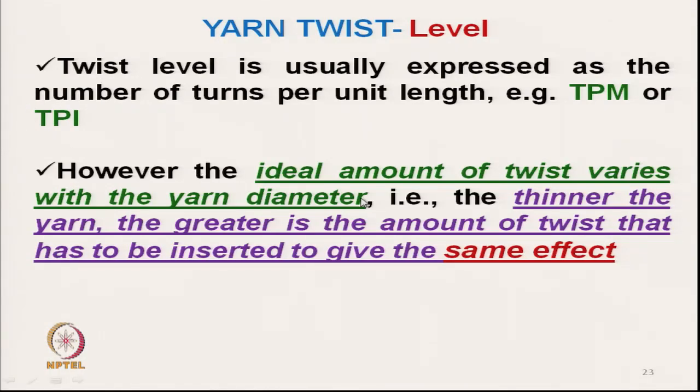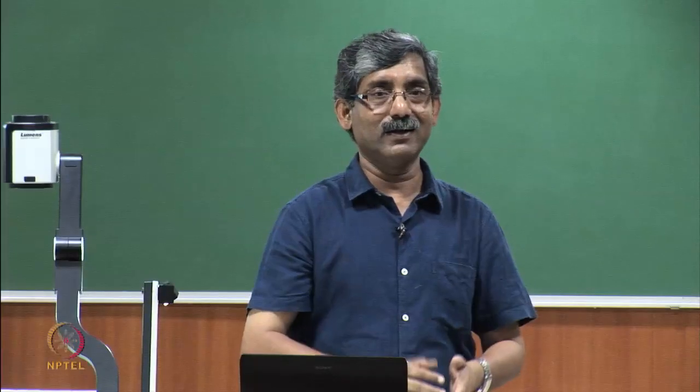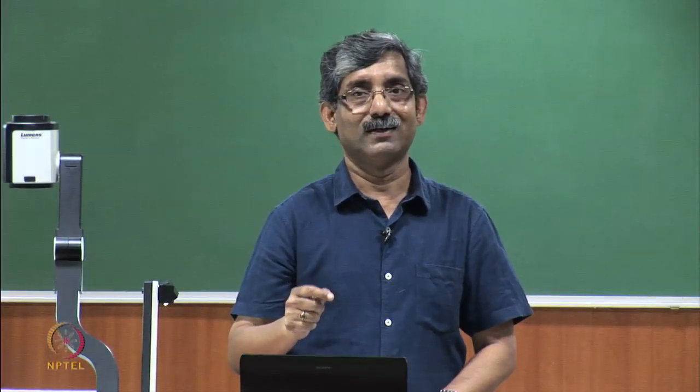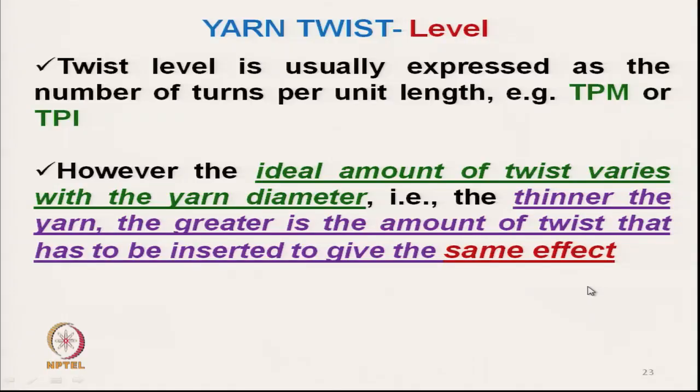The ideal amount of twist varies with the yarn diameter. Now, the term yarn diameter comes in, and that makes things complex. For different yarn diameters, if we impart the same twist, we will not get the same effect. The thinner the yarn, the greater the amount of twist that has to be inserted to give the same effect. What is the effect?